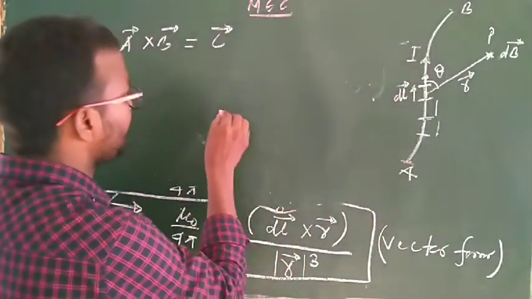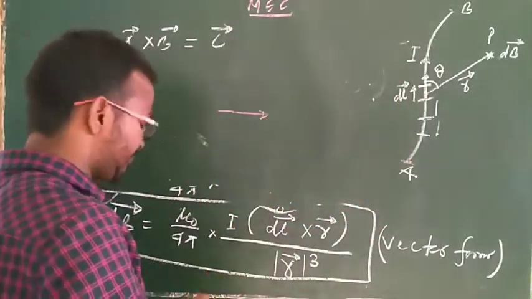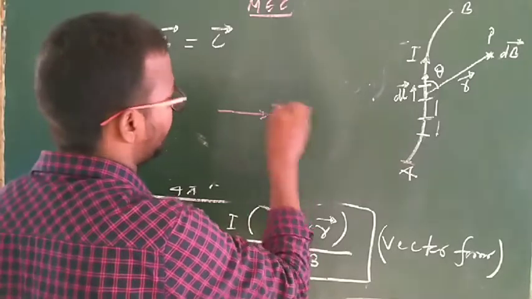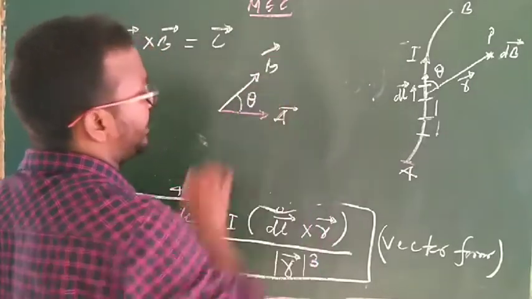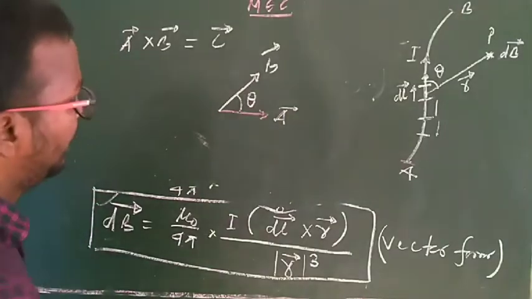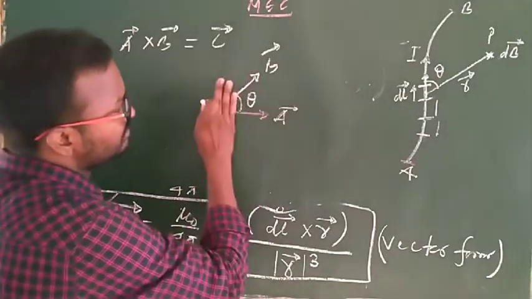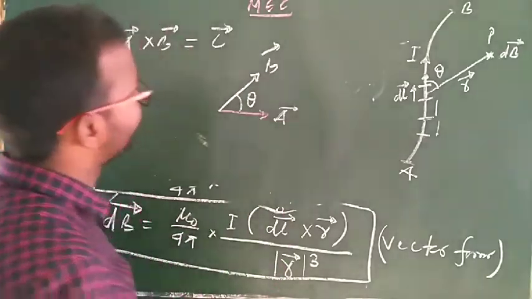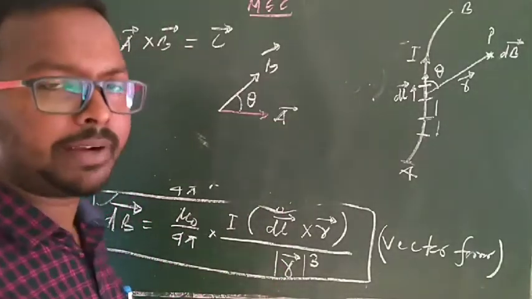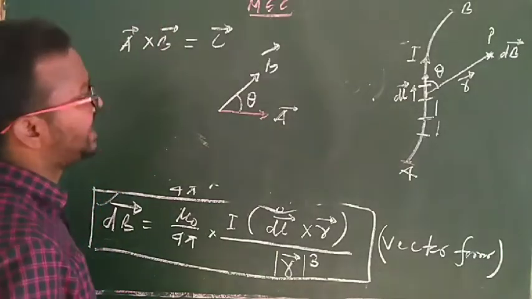Suppose this is a vector, and another one is b vector, and the angle between the two vectors is theta. So this is the plane containing a vector and b vector, but here we have to find the direction of c vector. So how can we find this direction? By using the right hand thumb rule.